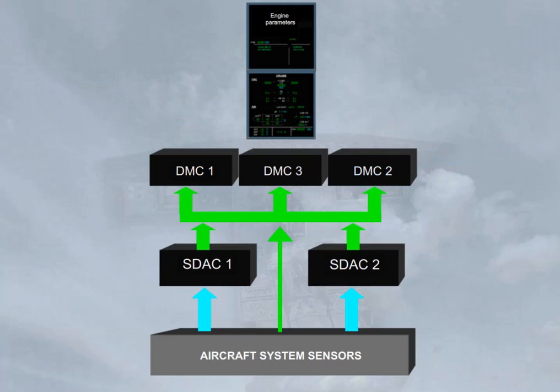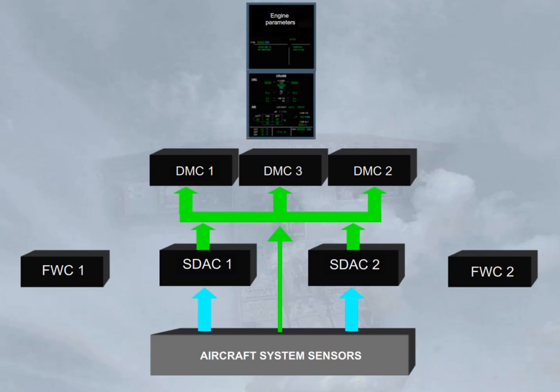2 identical flight warning computers, FWC, receive data from the SDACs to generate most of the amber cautions, and the aircraft system sensors to generate red warnings and remaining amber cautions.